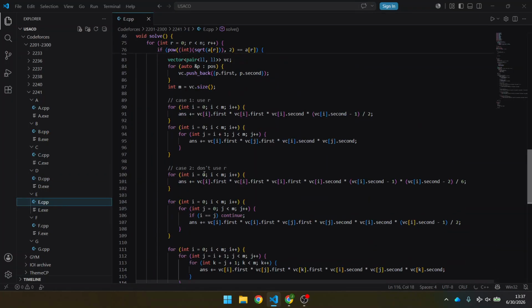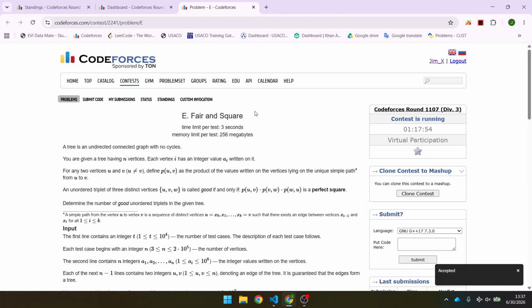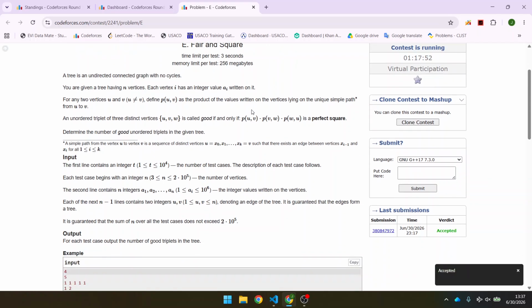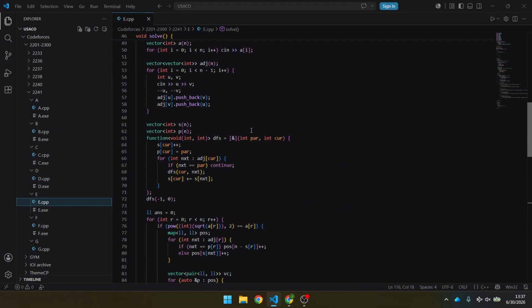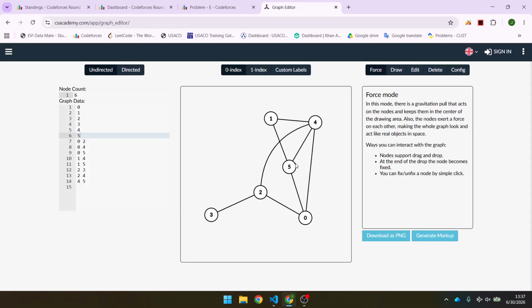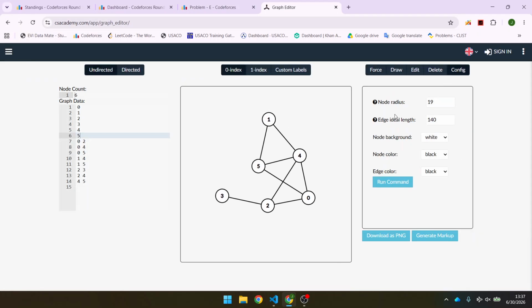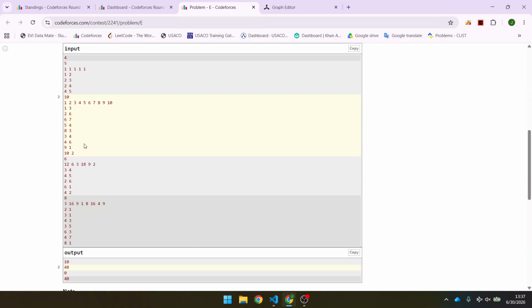So now problem five. Okay, problem five is plain math. Yeah, this is just plain math. Graph editor. Okay. So we'll use this as an example.